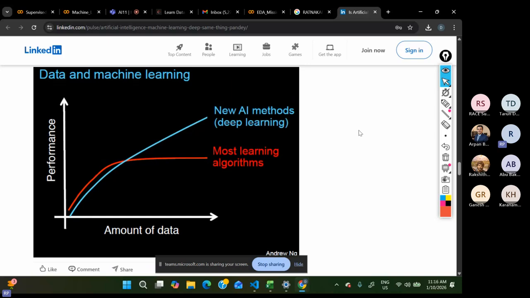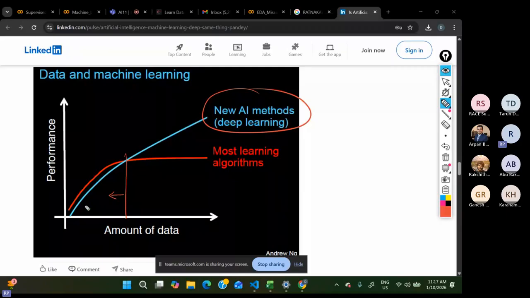So you can think about where you should be using deep learning versus the normal machine learning algorithm, right? Most of the learning algorithms are going to perform better depending on data. On the left side of this, you have less data. On this side, you have more data, right? So the deep learning algorithms really like more and more data.